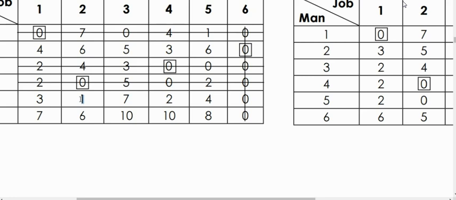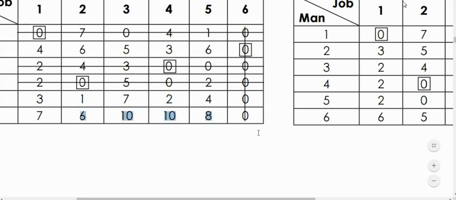I'll subtract 1 from all the numbers which are not being cancelled. So what are the numbers which are not being cancelled? See, 4, 6, 5, 3, 6, 3, 1, 7, 2, 4 and 7, 6, 10, 10, 8.